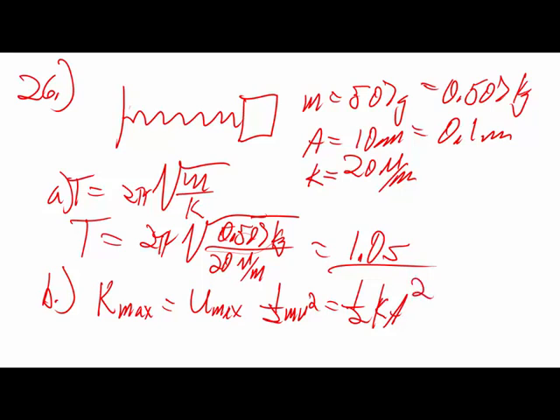And so we've got to find V max, right? Oh, shoot. Am I looking at the right problem here? Yeah, I'm looking at the right problem. But since we are given the period, do we have to use these equations? No, we can actually go back to this equation right here.